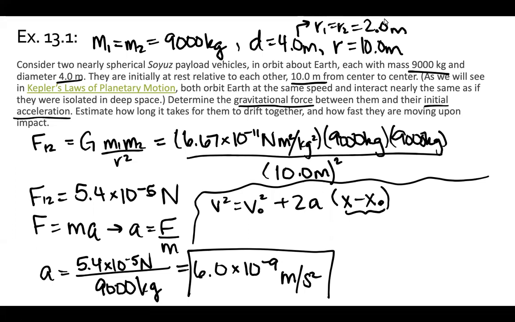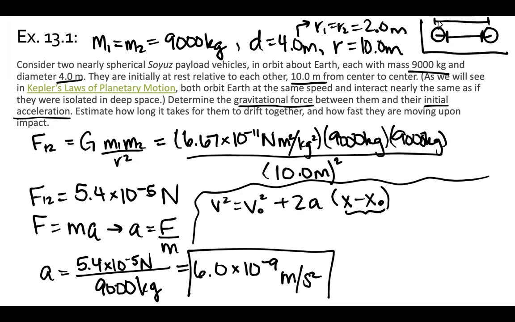So I've got 2 objects, each with some radius, and we know this distance here, but for them to collide, it's just going to be this distance, right?